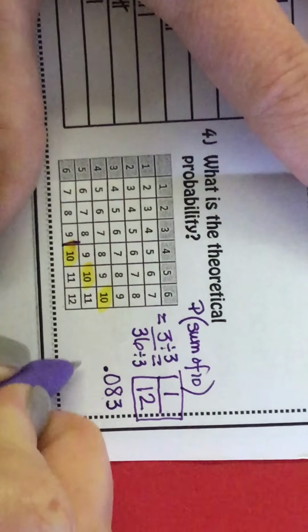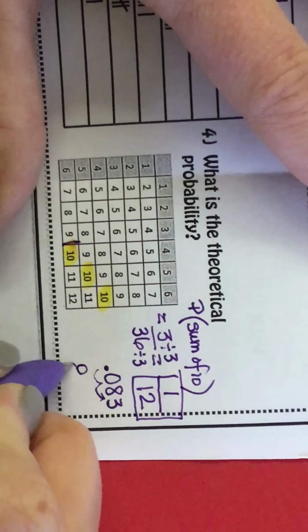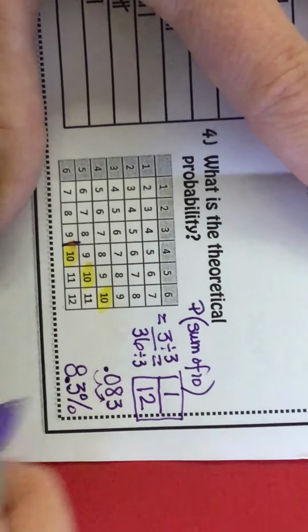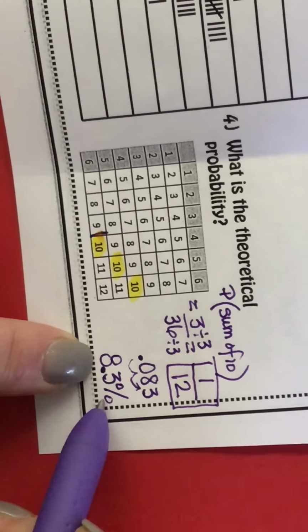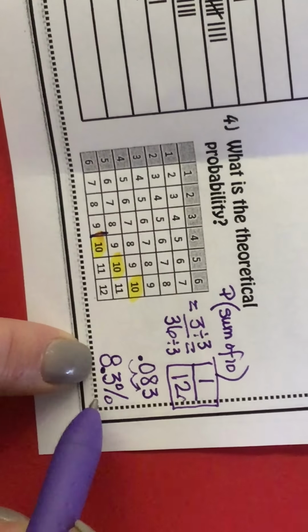And when we convert that, we would move it to the right, and my new percentage would be 8.3%. Okay? And that matches. If it were 83%, that's closer to 1, isn't it? This is actually closer to 0.